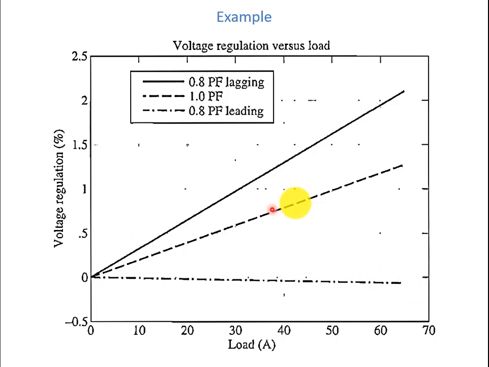Then there is the unity power factor, and this is for the lagging power factor. So we can see that the more inductive load we have in our power system, the worse the voltage regulation becomes.